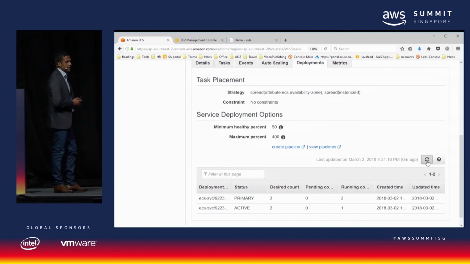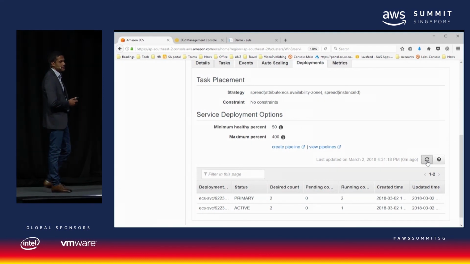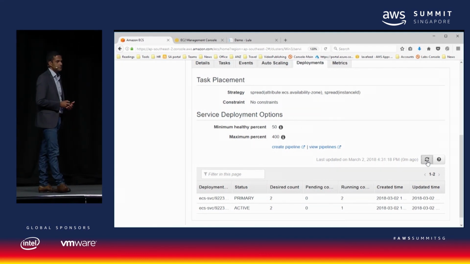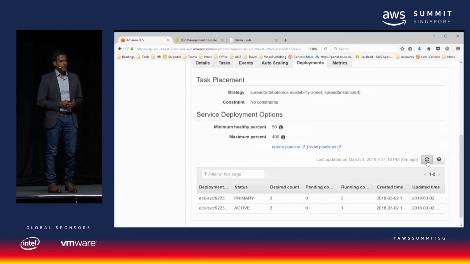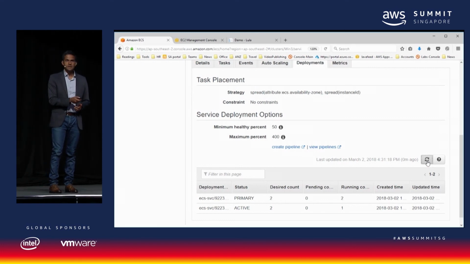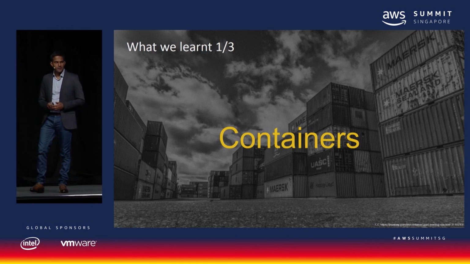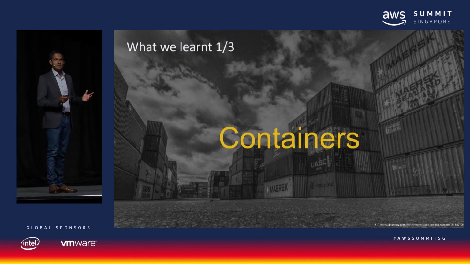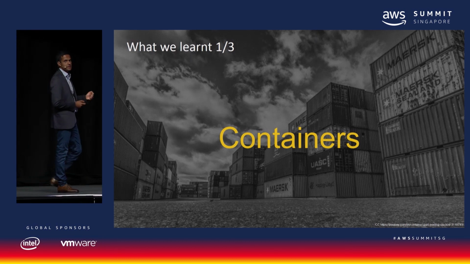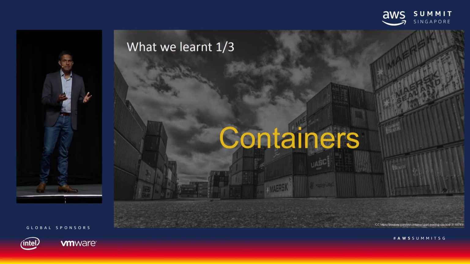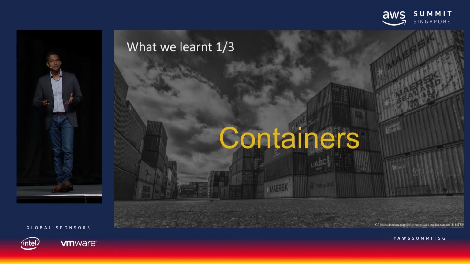So what we learned here is different things. We go into the slide deck. So what we learned so far: we learned about containers, why it really matters to use containers. There are different cost-saving scenarios that are applicable for containers.